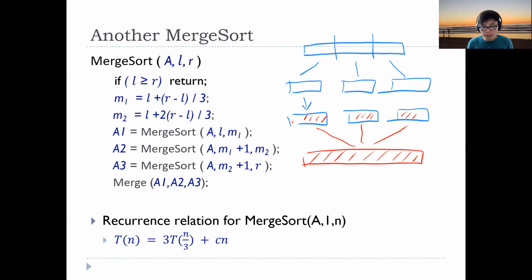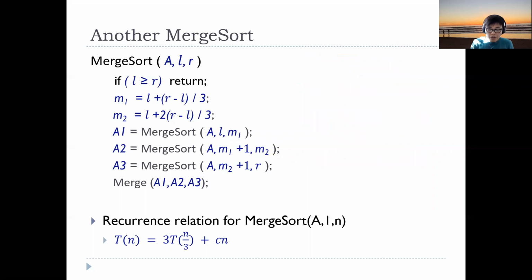What you see here, m1 and m2, are simply the breakpoints, at 1/3 and then 2/3. The question is, does this one also give us similar time complexity? Again we use T(n) to represent the worst case time complexity of the algorithm when you sort a subarray of size n.